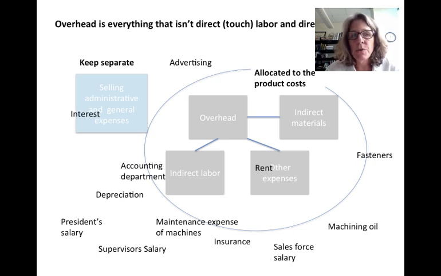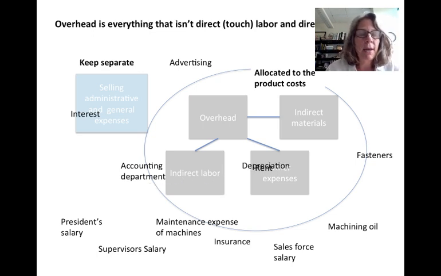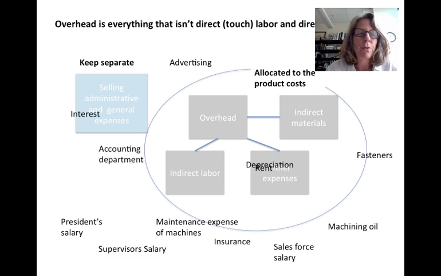Interest expense, though, goes in the category selling, general, and administrative expense, because it's more of a corporate expense. It's not directly attributable to a particular product. Depreciation, again, that's depreciation on the machinery. It goes into other expense because you need that machinery to make the product.